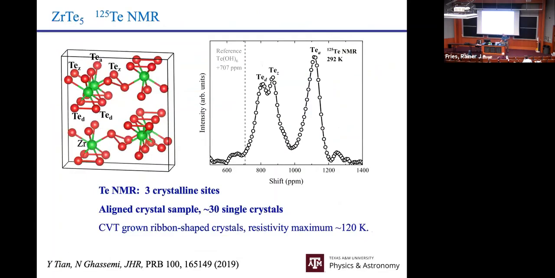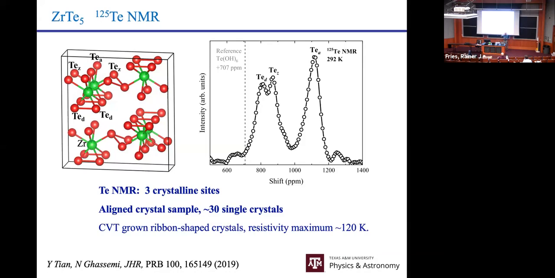And so here's an example, in ZrTe5, of a spectrum. You see here the three peaks. Crystallographically, there are three tellurium sites within the crystal.